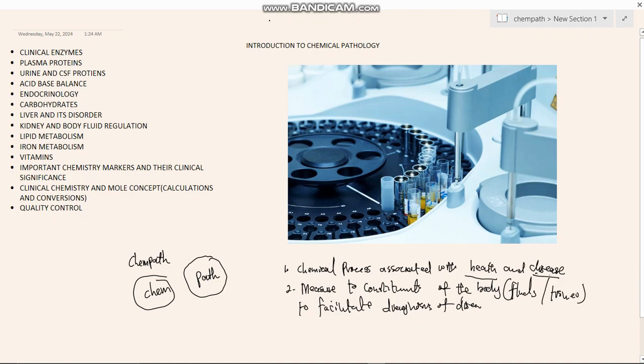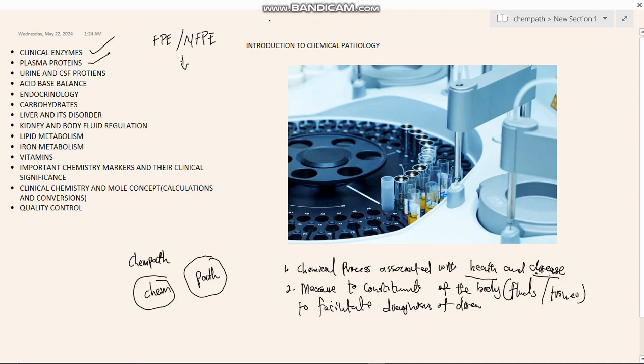So we will start by talking about clinical enzymes. Under clinical enzymes, we will talk about functional plasma enzymes and then non-functional plasma enzymes. So we'll talk about a series of enzymes that are used clinically for diagnosis, and then after that we'll talk about plasma proteins.